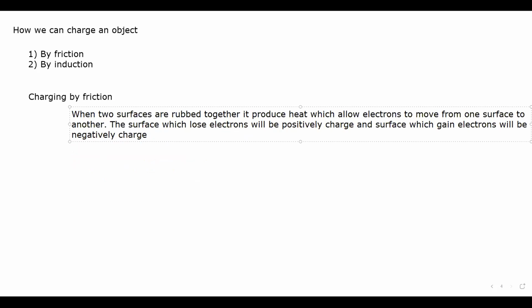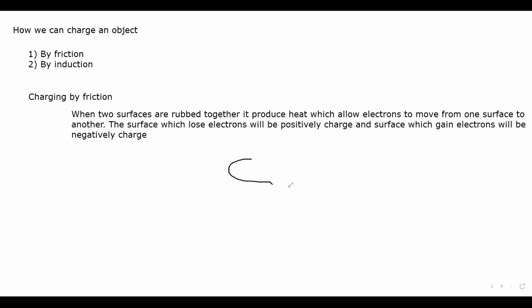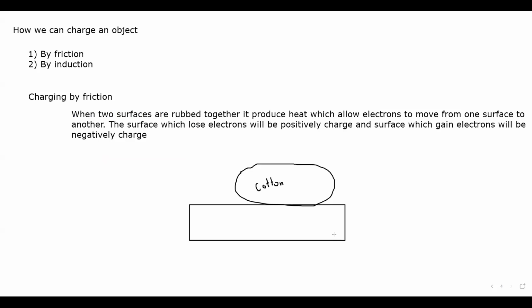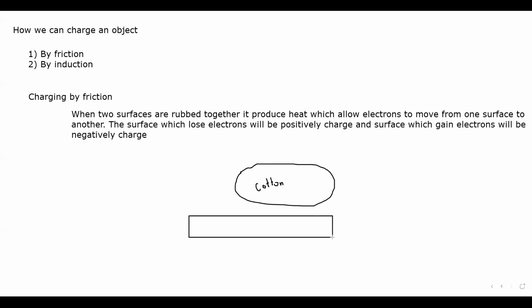For example, say you have cotton and you have a plastic. It should be two different objects, not identical, because if identical objects are used, they both have the same tendency, so this technique will not be effective. It will work but not be effective.